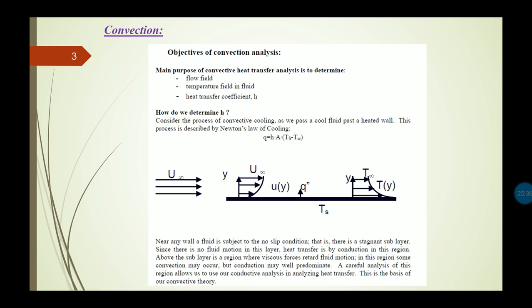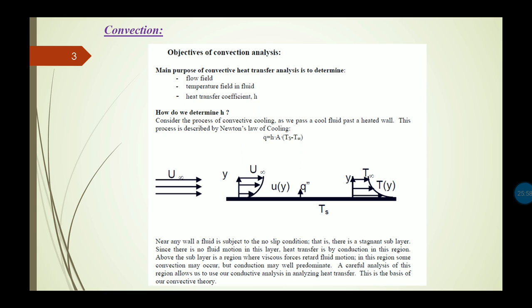Now in this diagram is the concept of the boundary layer, the velocity boundary layer and the thermal boundary layer. The boundary profiles are given here. Now this capital U on the left side of the diagram is the free stream velocity.